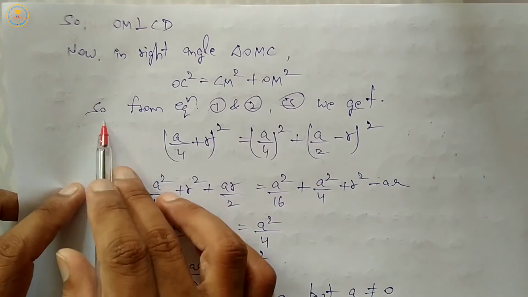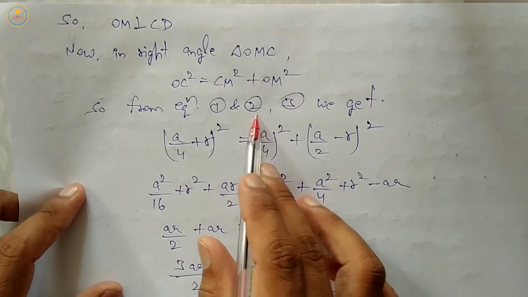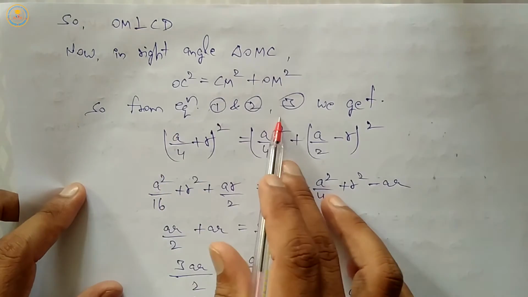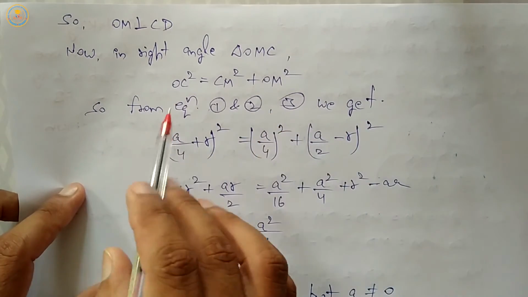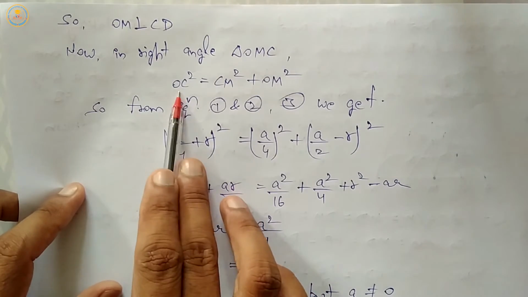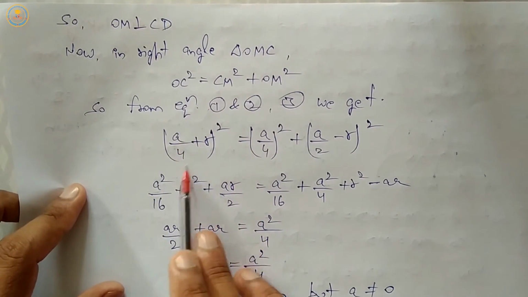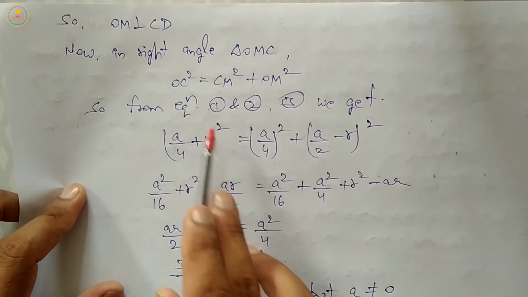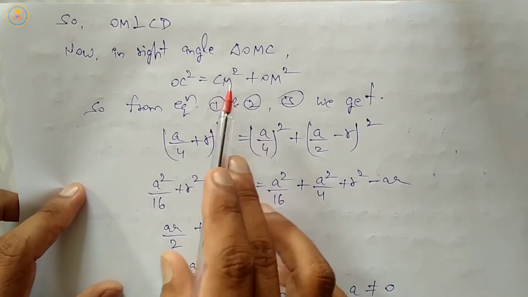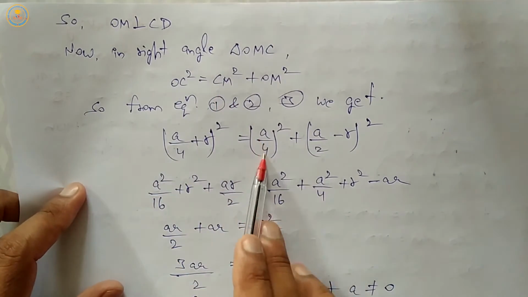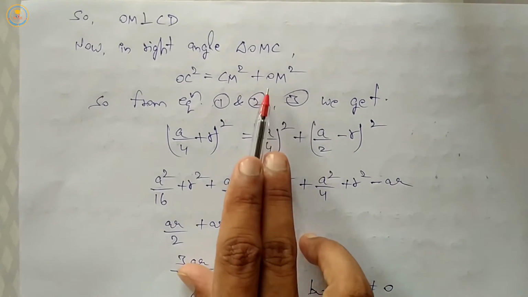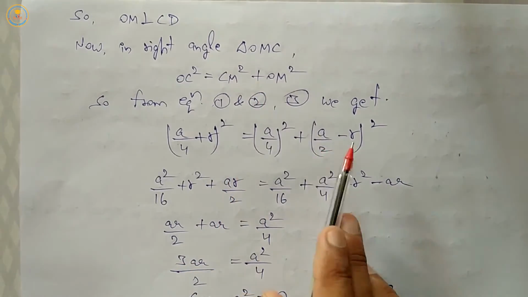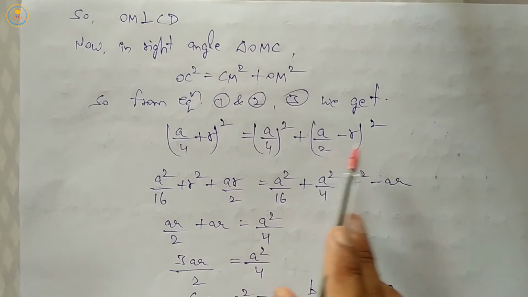Now from the first, second and third equations, we put all the values in this: OC means (a by 4 plus r) whole square, CM means (a by 4) whole square as it is, and OM means (a by 2 minus r) whole square.